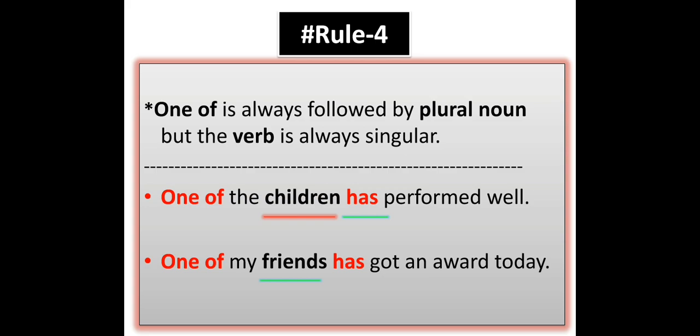That means I am talking about one friend among many friends. You got it? So one of my friends has got an award today. And the verb will be in singular.